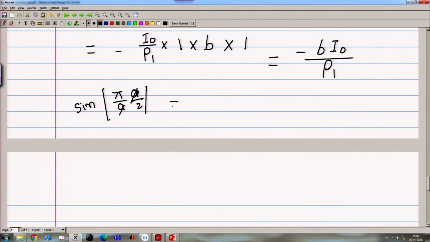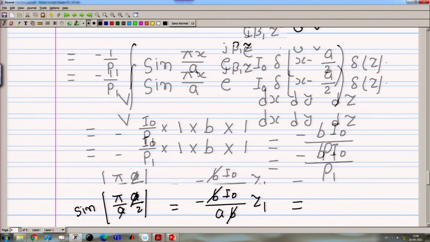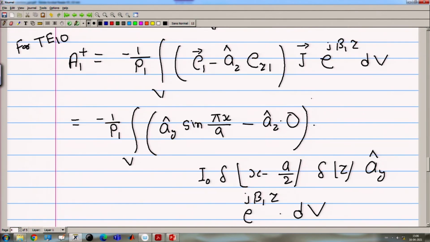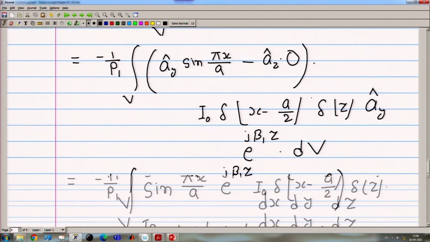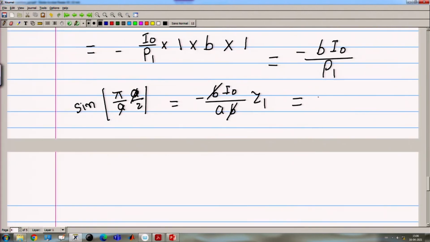So, that will be minus of b I naught Z1 upon a b. So, this b will cancel and this value, a 1 plus, that is the amplitude of the positive travelling wave for the TE10 mode, will be minus of Z1 I naught upon a.